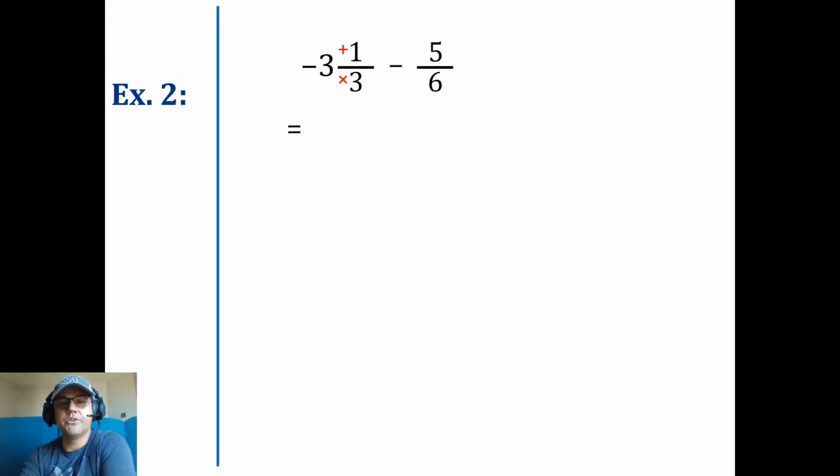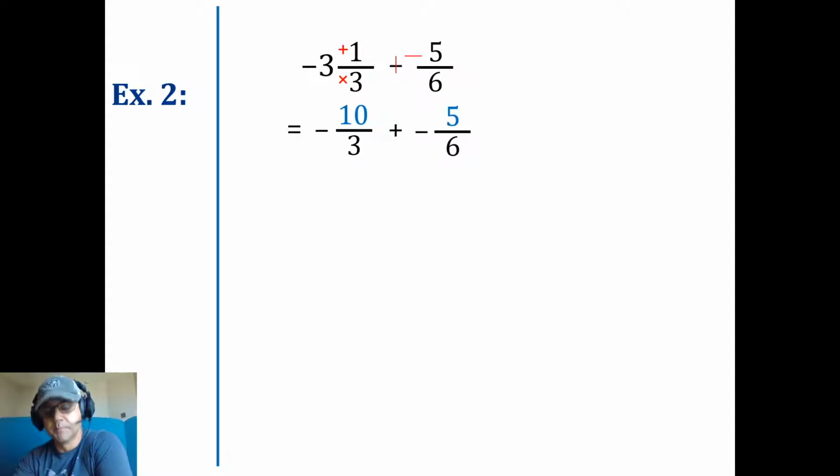3 times 3 is 9, plus 1 is 10, so negative 10 over 3. Again, I personally like having the negative sign up by the 10, and then adding the opposite. So move the negative sign up to the 5. I think that'd be good.